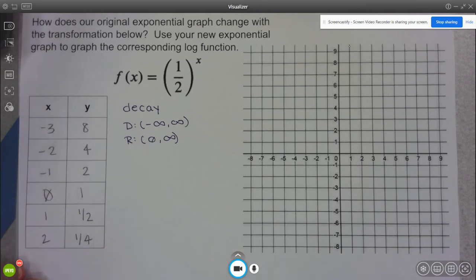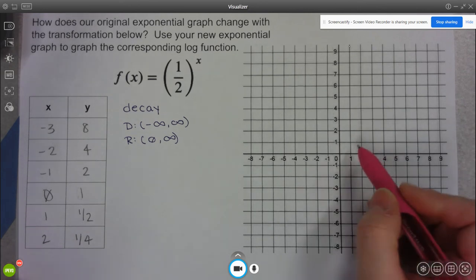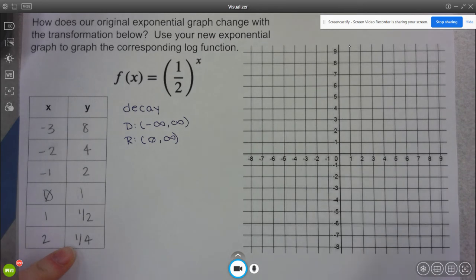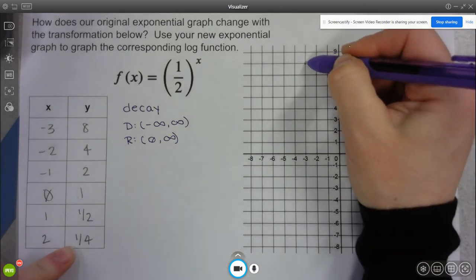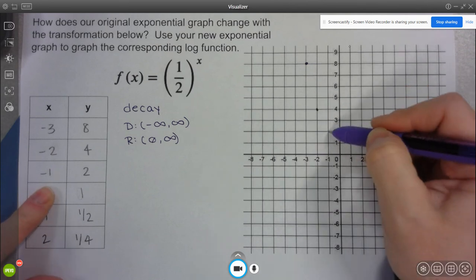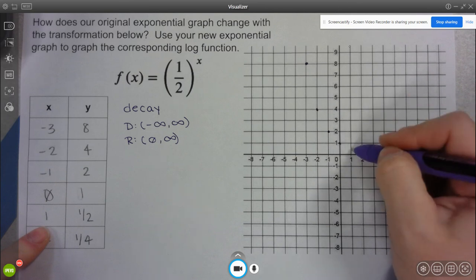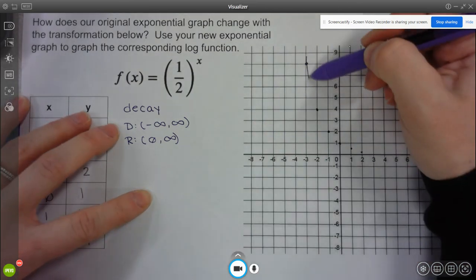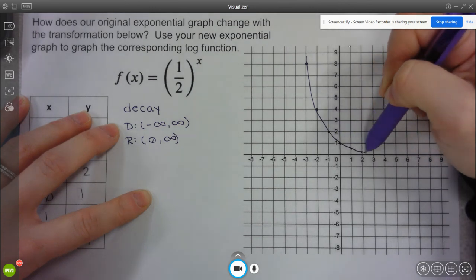So if I was going to graph my log function, let me graph my exponential quick just so you can see the comparison. -1, 2, 0, 1. Okay, so here is my exponential.